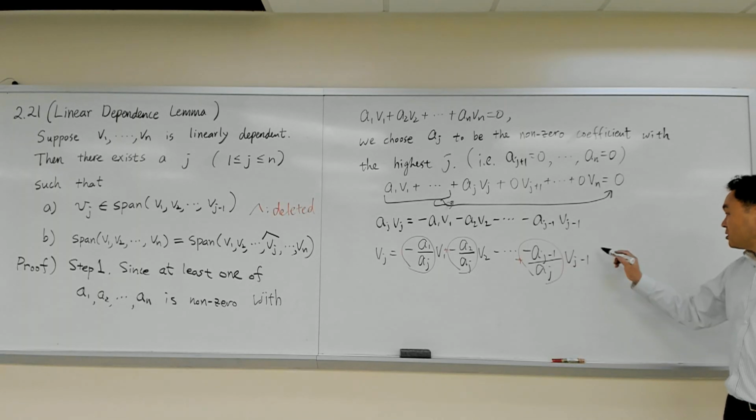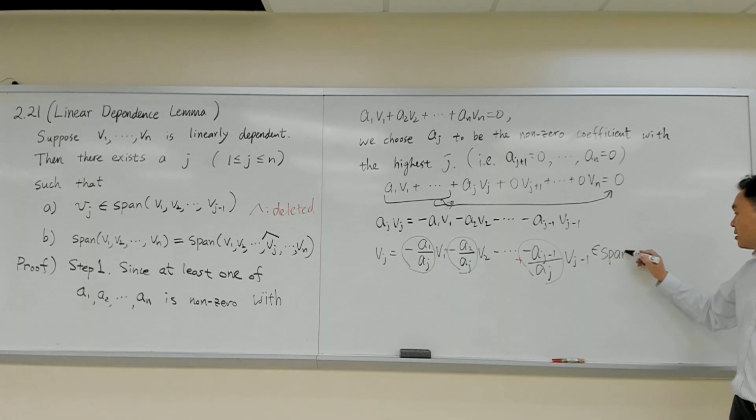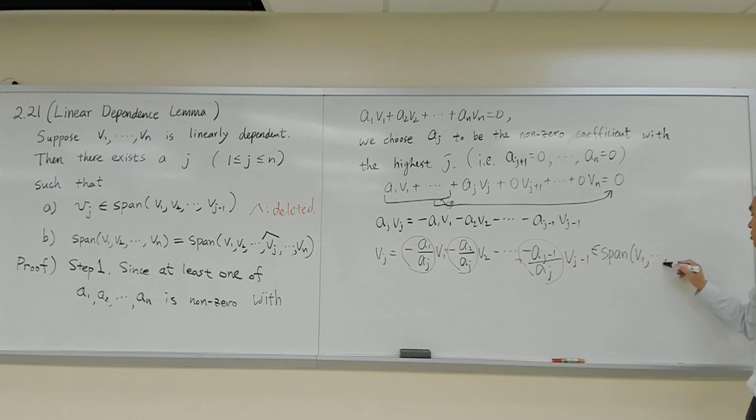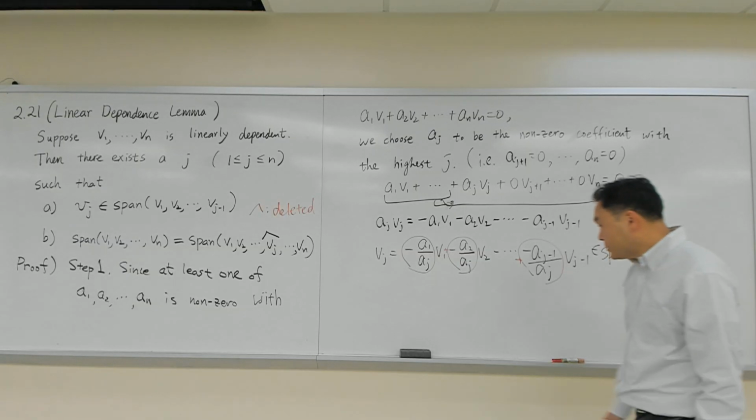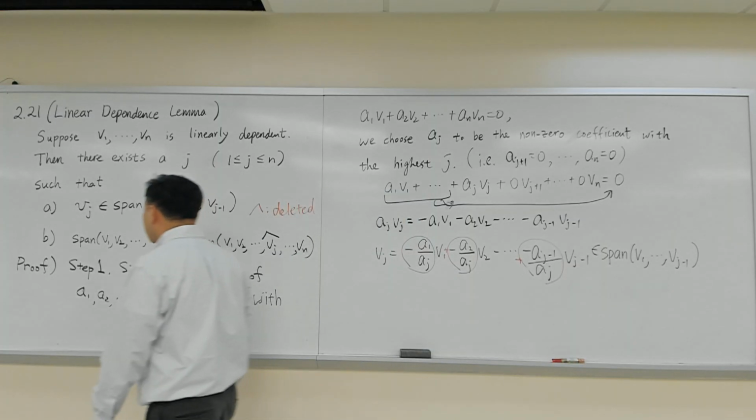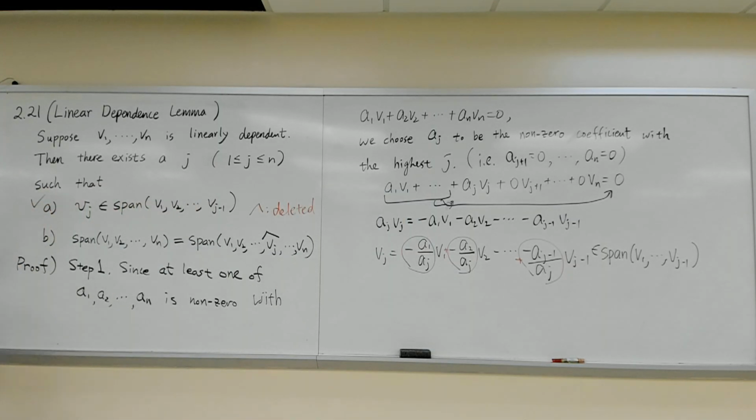So this shows that this is in the span of v1 through vj minus 1. Good? And so that proves part A.